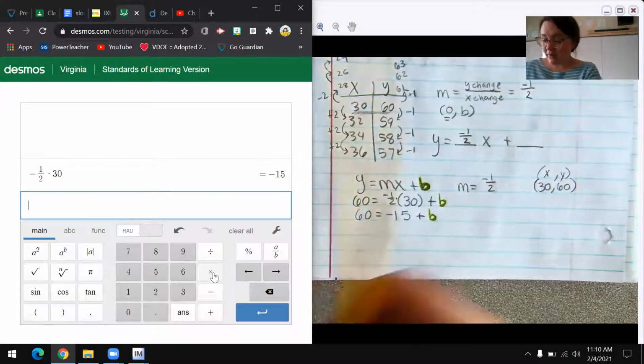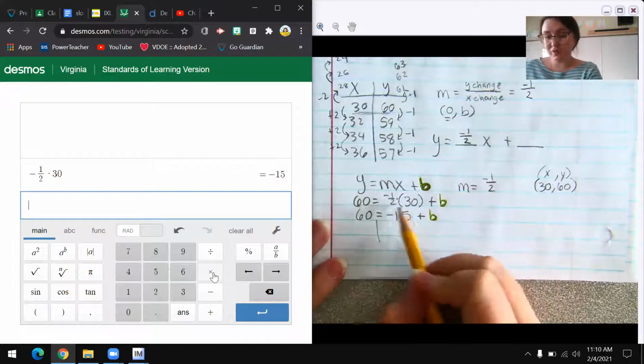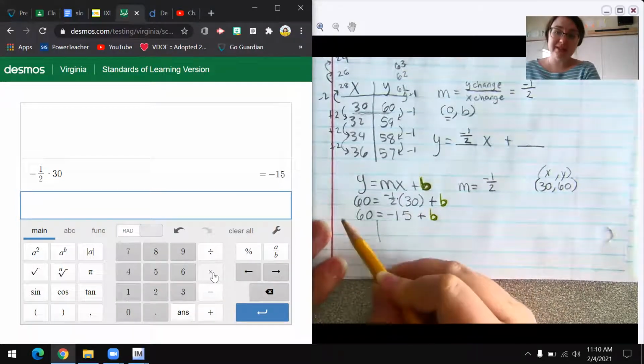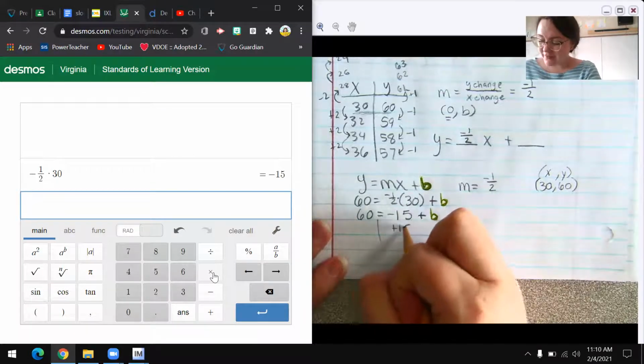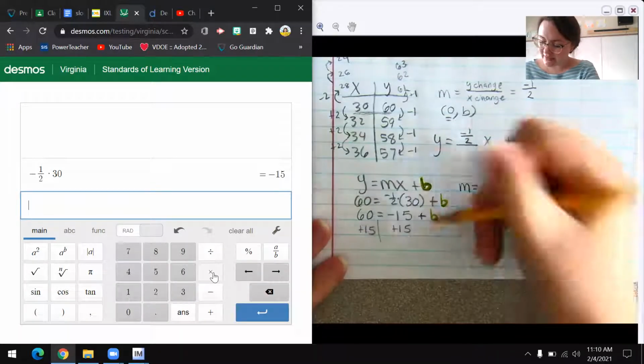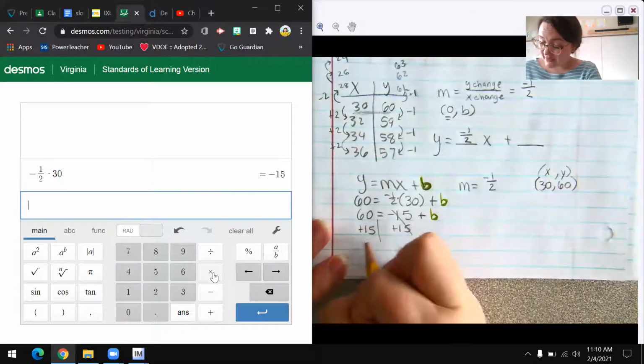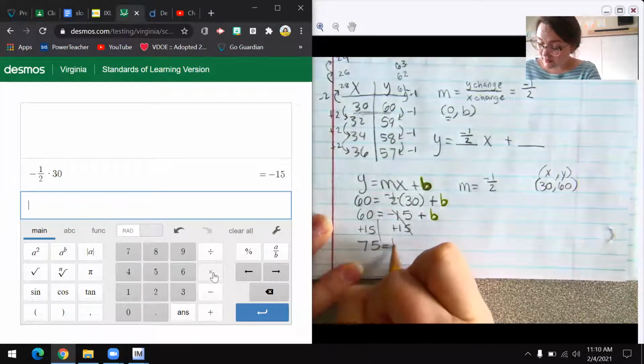Now if I were going to solve this, to move a negative 15 to the opposite side, we have to use the opposite operator. So I'm going to add 15 to both sides. That's going to cancel out, and I'll be left with 75 equals b.